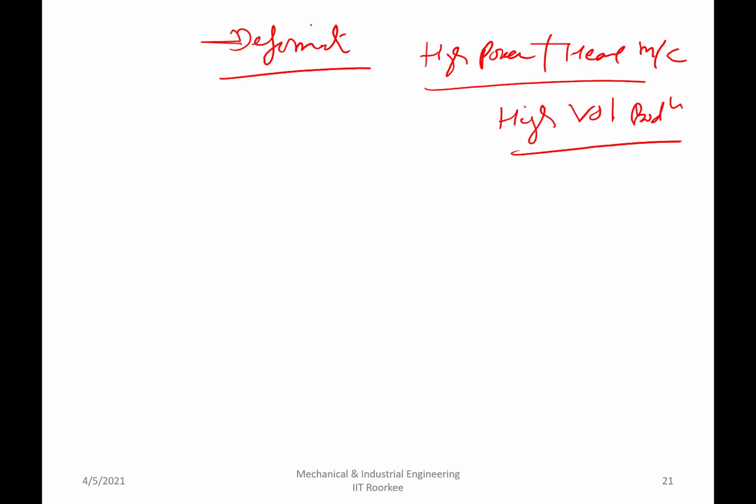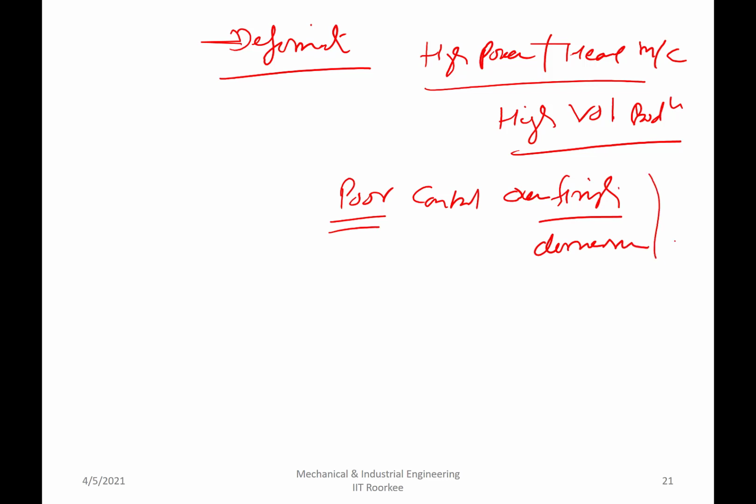Okay. Another negative thing related with forming is poor control. You see, less control over finish. The surface finish is not really that good. That is realized just after the deformation, and the dimensional control is also poor.